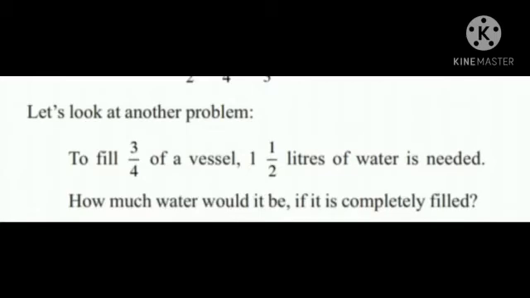This is my third question. To fill 3 by 4 of a vessel, 1.5 liters of water is needed. How much water would be needed if it is completely filled?